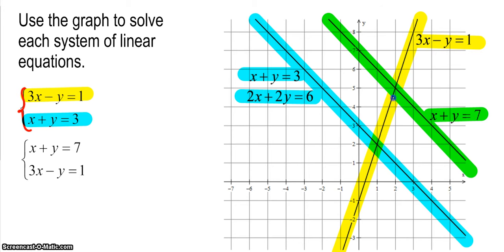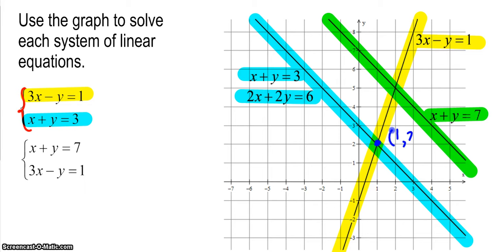So we look at the yellow and the blue line to see what point they have in common. The point that they share, that single point that both lines share, is called the solution to the system.